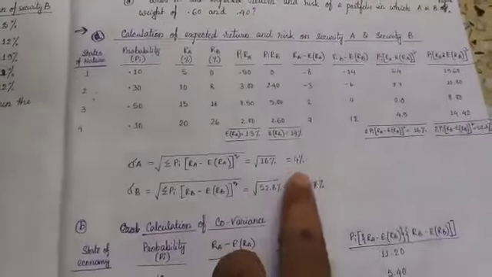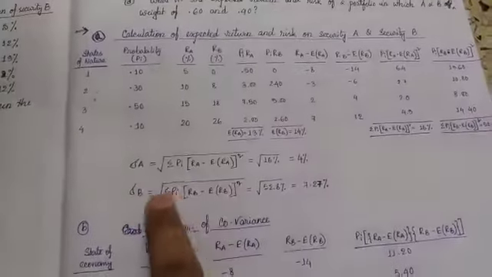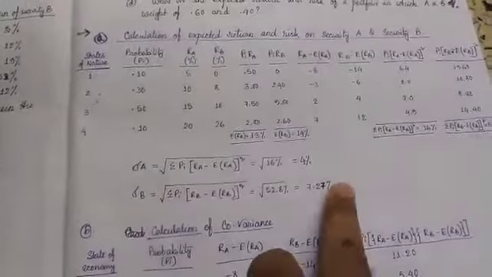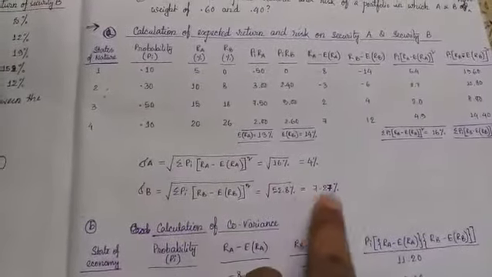Here the risk comes to 5.3%, which is less than the higher risk asset, security B, which was 7.27%.